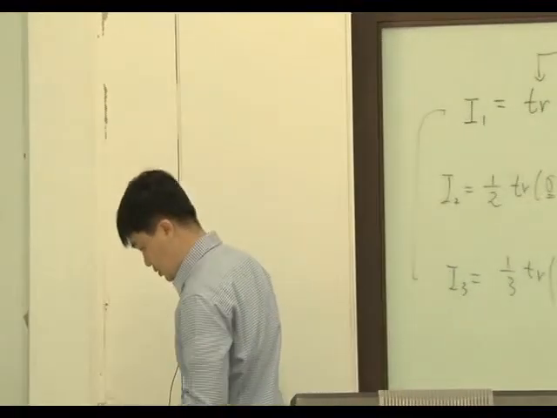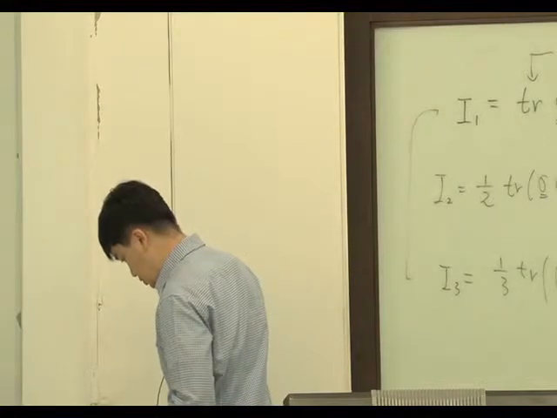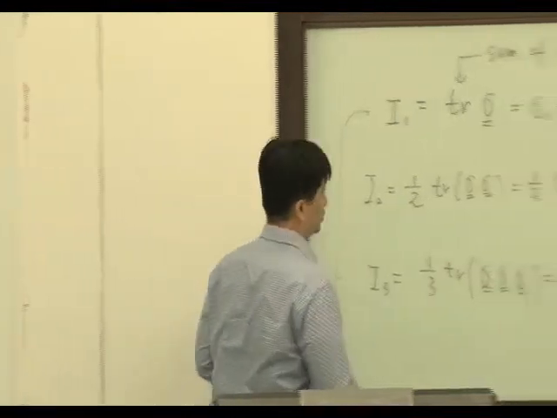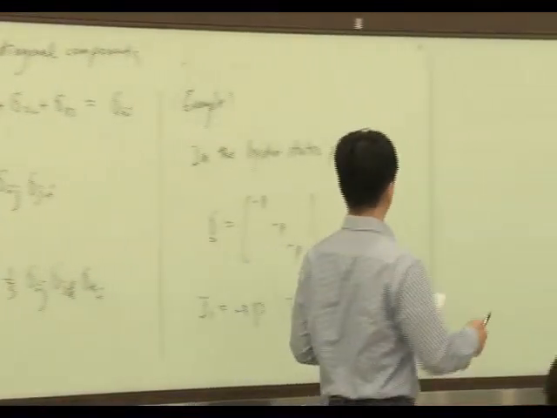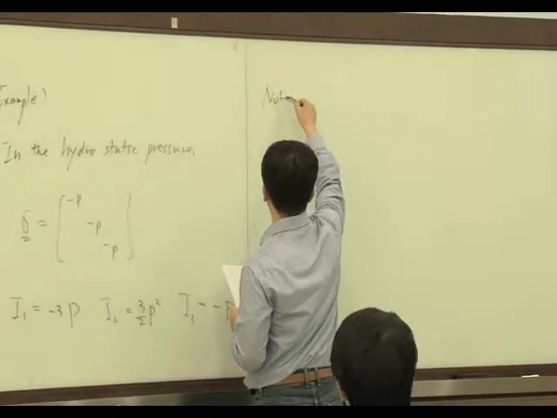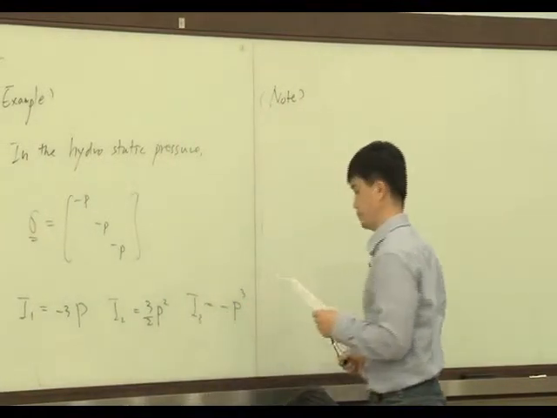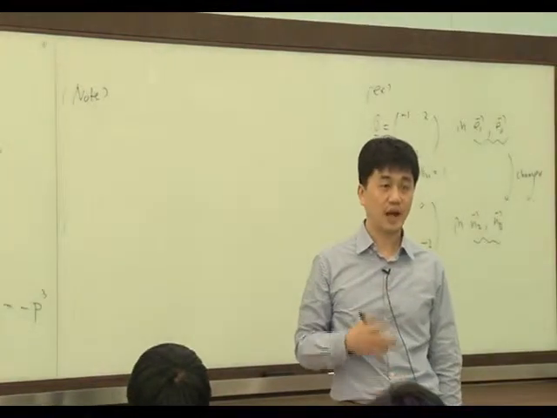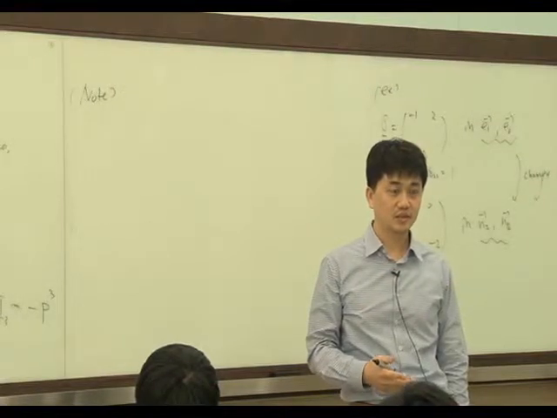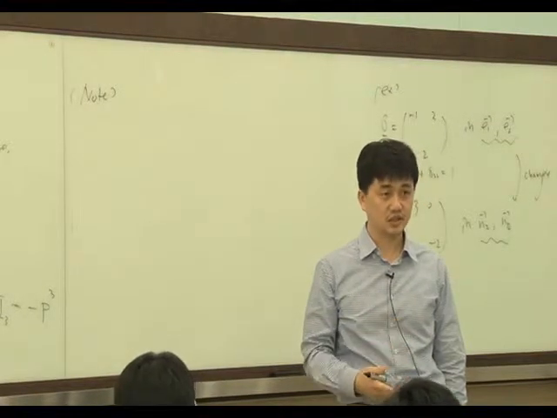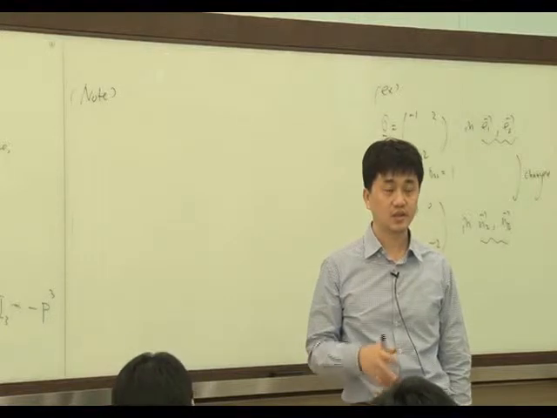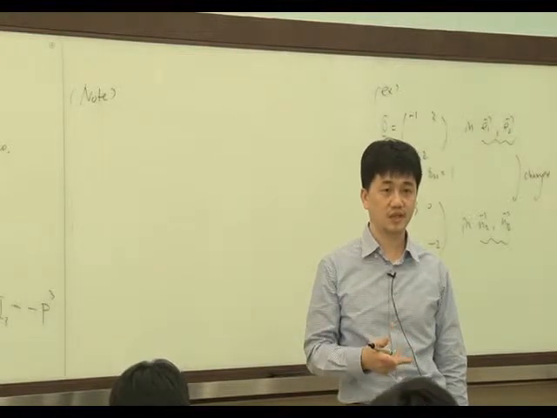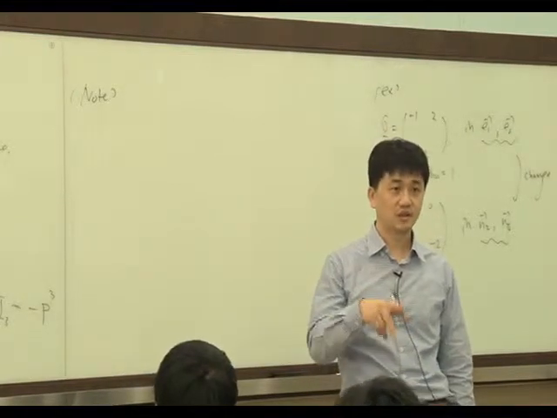Okay, here we need to understand one of the important concepts. Note: you know the meaning of isotropic. Isotropic means material property doesn't change depending on direction. It means material property doesn't change even if we change the direction of the coordinate system.